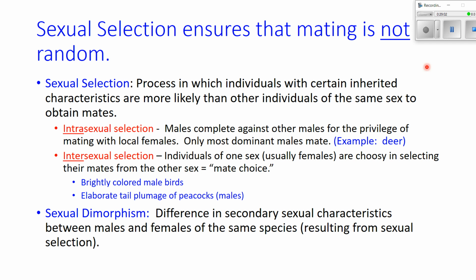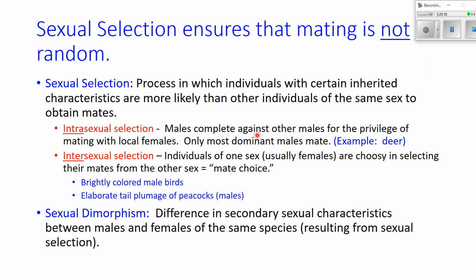Sexual selection is a process in which individuals with certain inherited characteristics are more likely than other individuals within that same population to mate. And it very often, at least sometimes, has to do with the preference of the female and who she chooses to mate with. So there's two ways sexual selection can occur. The first is called intra-sexual selection.